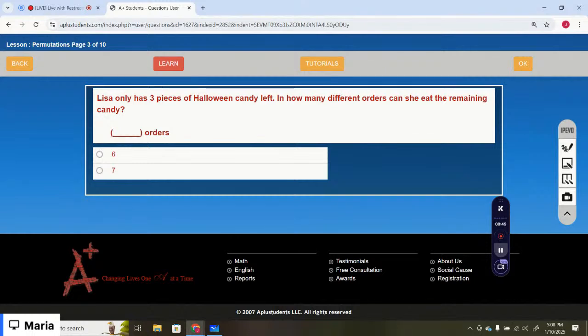Lisa has only 3 pieces of Halloween candy left. In how many different orders can she eat the remaining candy? So which is the correct option?